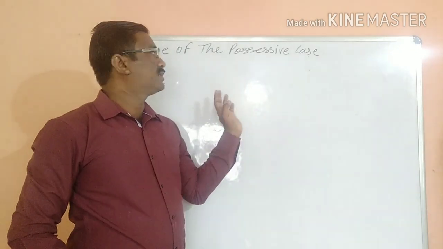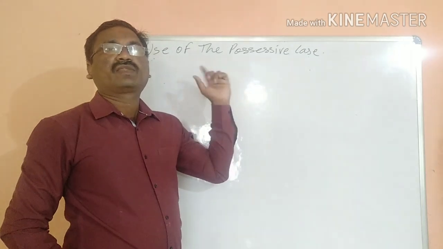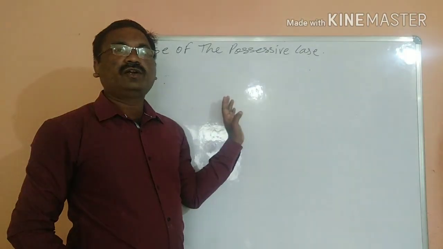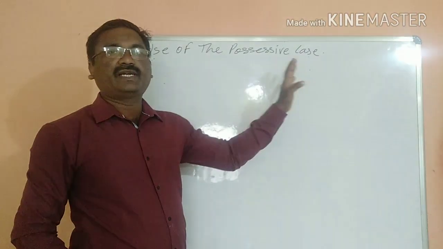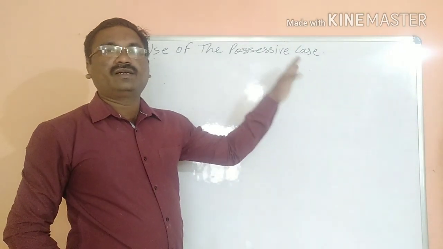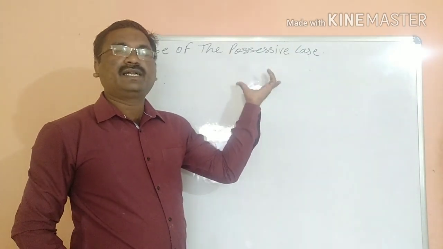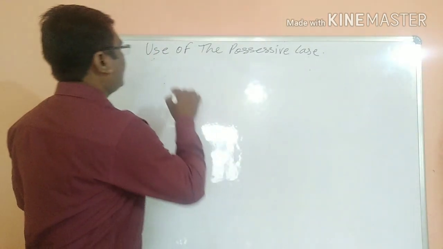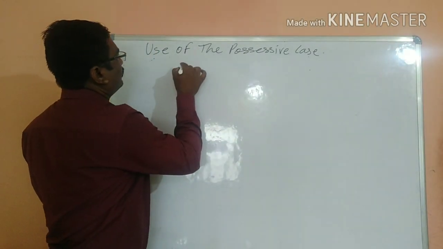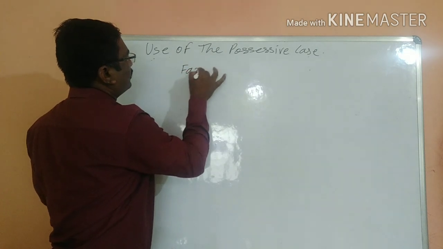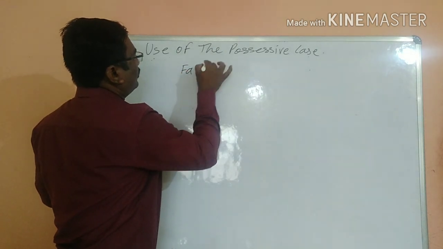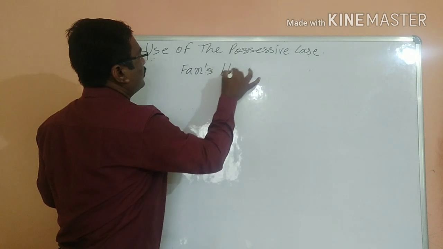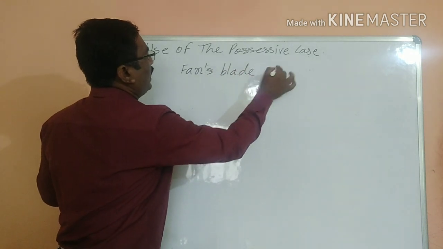Dear friends, one more time I am telling you, for lifeless things you are not going to use the possessive case. Lifeless things can't take the possessive case like living things. You can't say fan's blade.